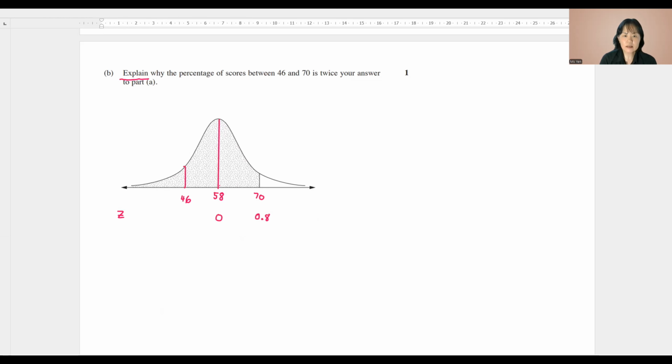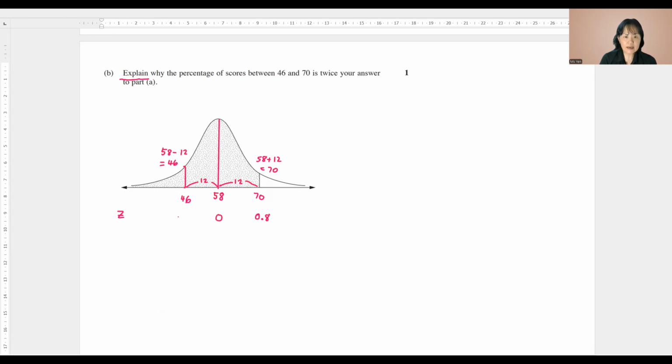Now, between 70 and 58, there's a 12 difference. So I can say 58 plus 12 equals 70. And it just happened that 46 is 58 take away 12. So between 46 and 58 is 12, also between 58 and 70 is 12.